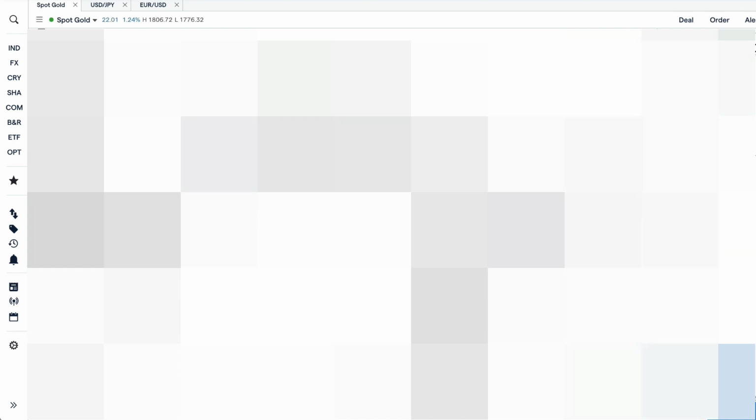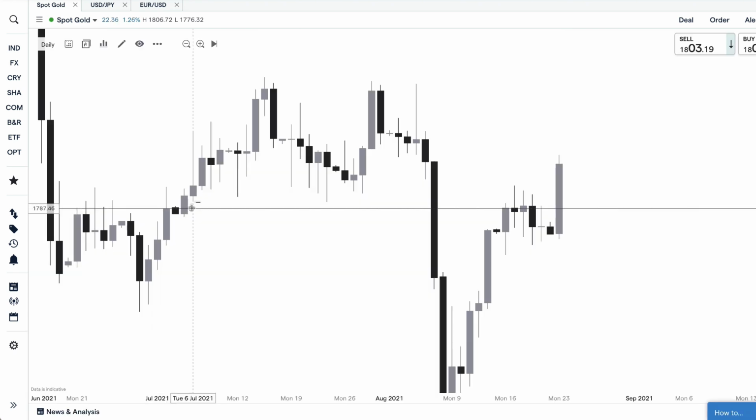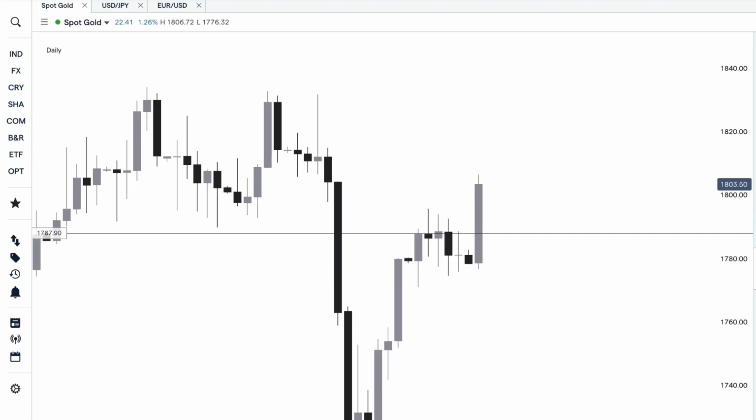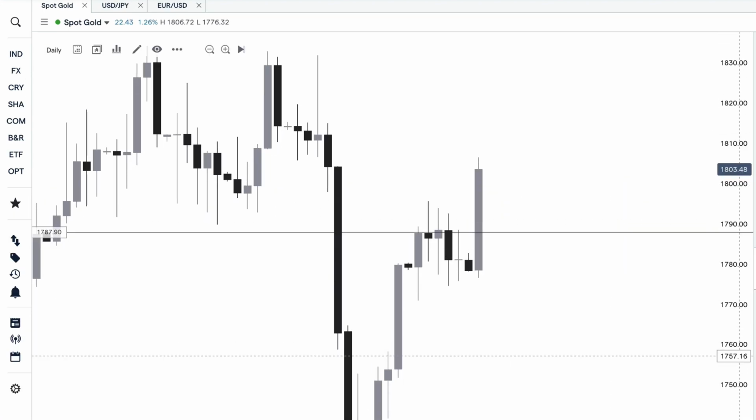So bear with me whilst I get this marked on, and we can go from there. There we go. So our entry trigger is 1787 spot 9.